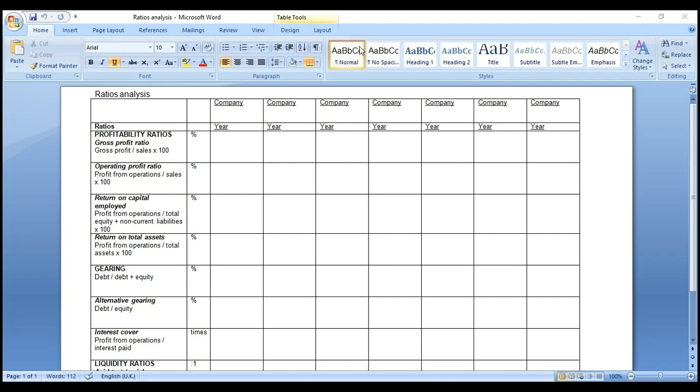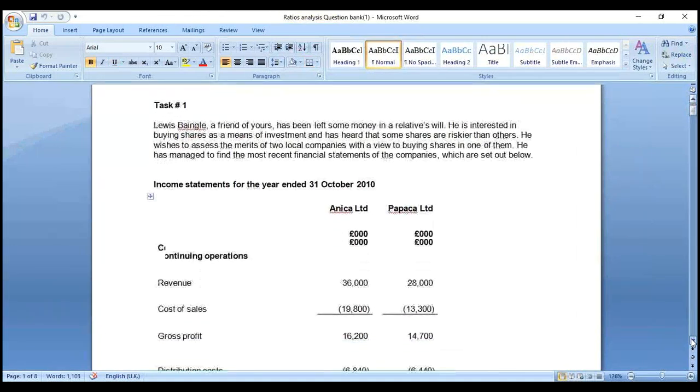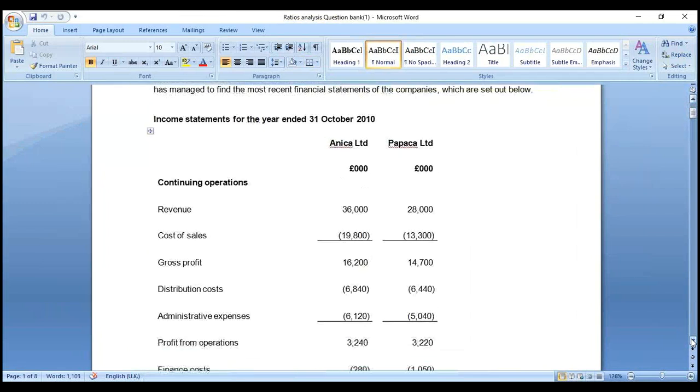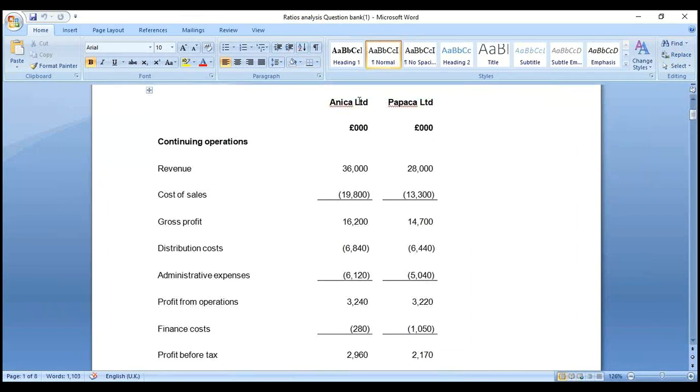And if we look at this question, so we look at the gross profit ratios. Suppose we have 2 companies. In the same way, we can see the actual company statements as well, which we can go through. We have 16,200. What is the 16,200? It is the gross profit. So gross profit 16,200. You just need to use the formula: gross profit divided by revenue.